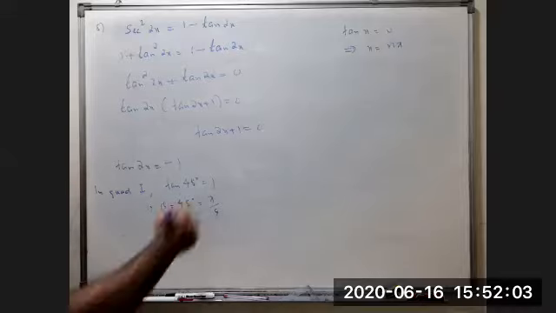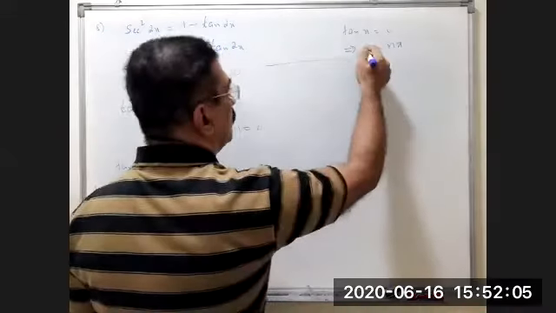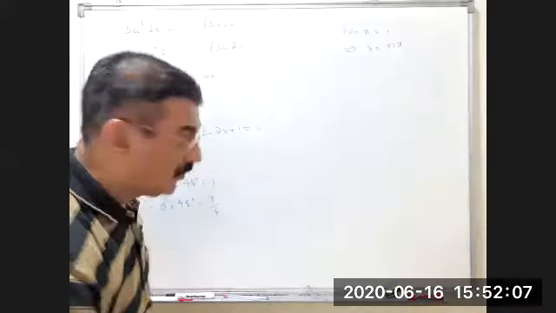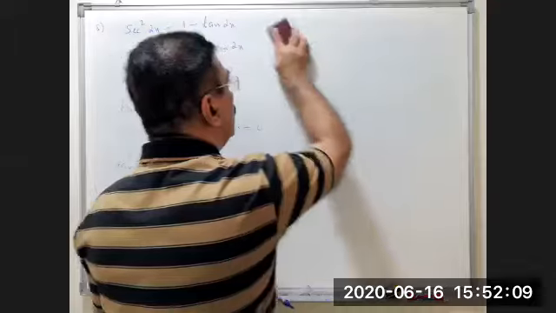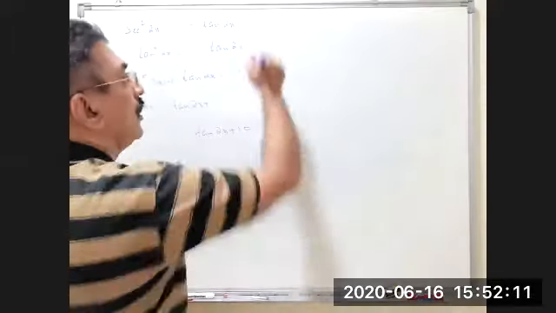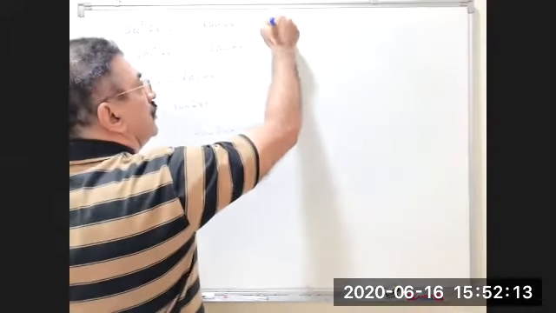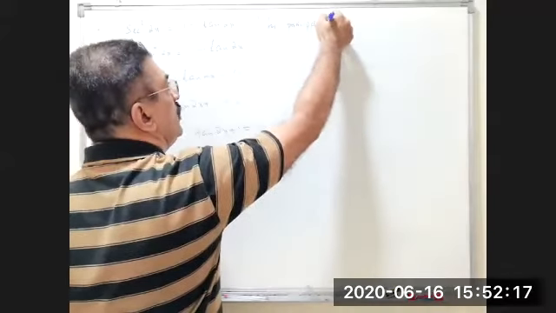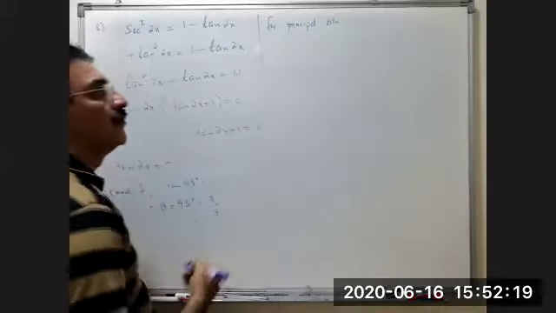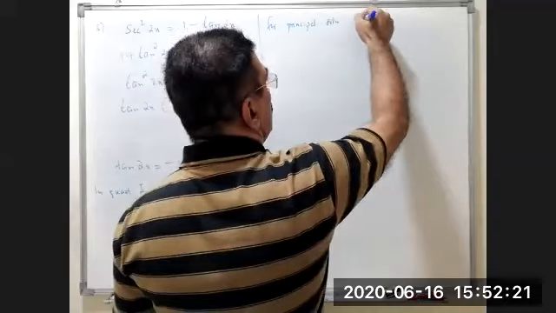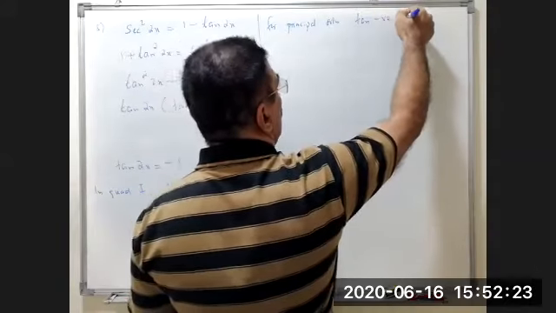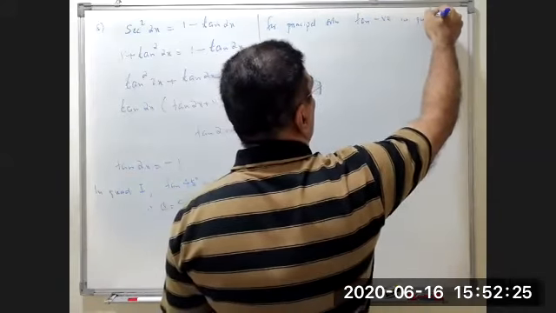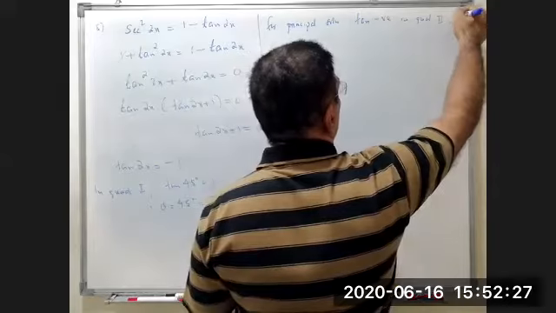Now, for principal solution, yesterday we wrote it. For principal solution, tan negative is in quadrant 2 and 4.